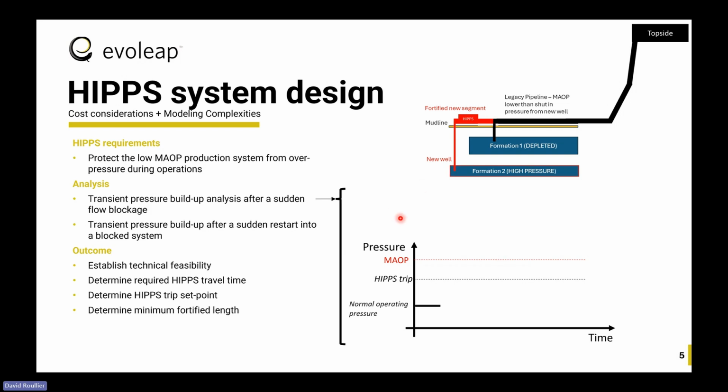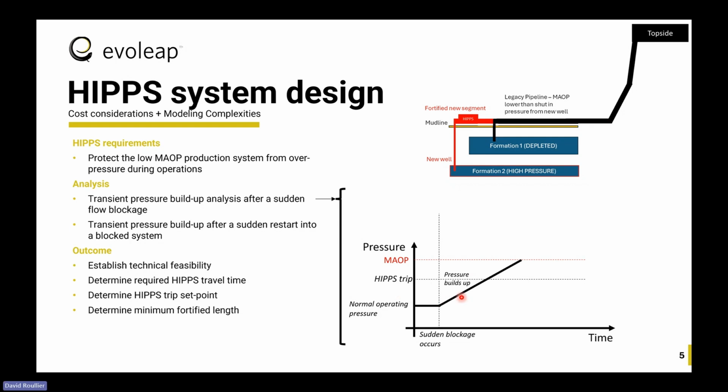So initially, we're operating normally at peak production, early life, maybe even month zero of the expected new production from the high pressure well. And then suddenly a blockage occurs that wasn't planned. So what's going to happen is you're going to continue packing high pressure fluid into your low MAOP system, okay?